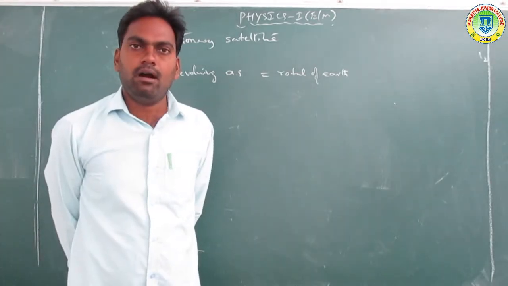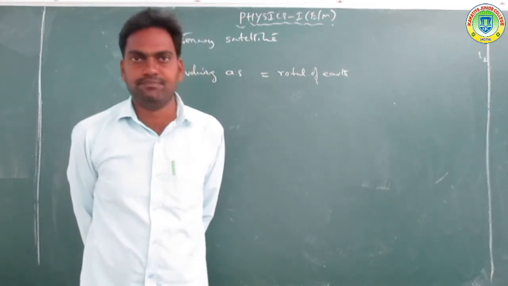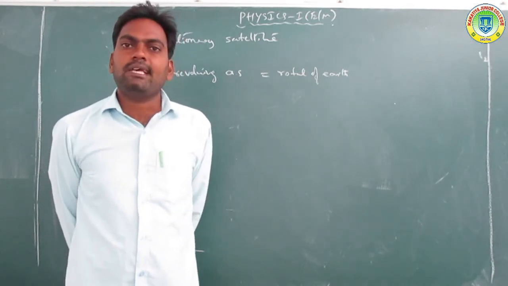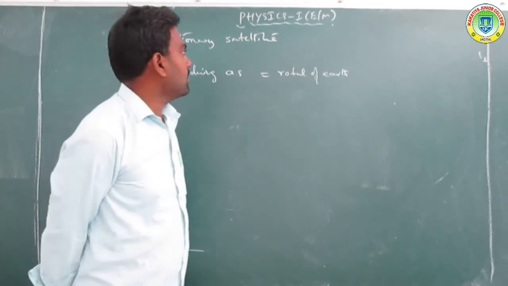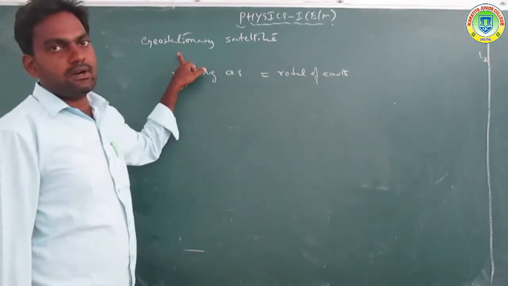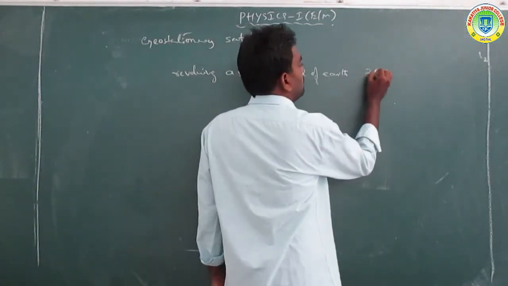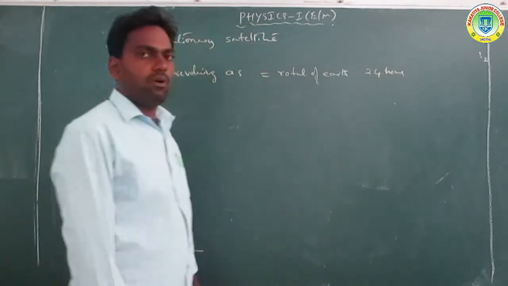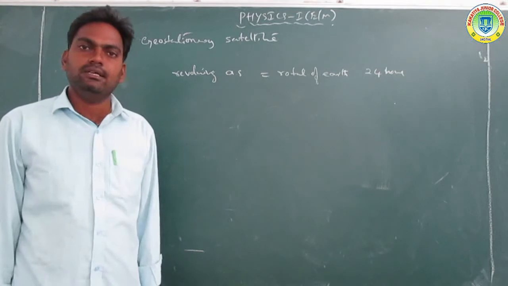The time period of the revolving of the artificial satellite is equal to the time period of the rotation of the earth itself. That is called a geostationary satellite. The time period is taken as 24 hours for a geostationary satellite.